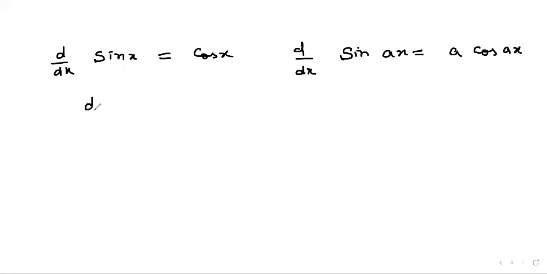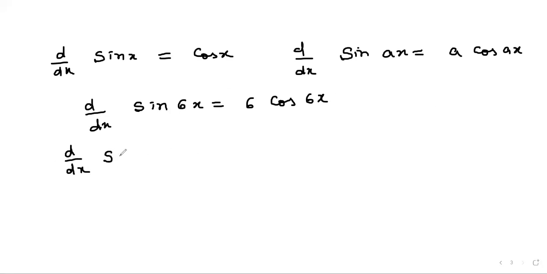For example, d upon dx of sine 6x will give 6 cos 6x. Now, we are going to apply the formula: sine of f, where f is a function, will give cos f into d upon dx of f.